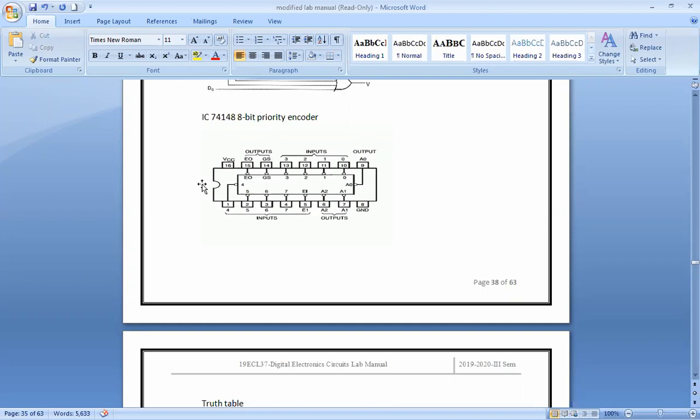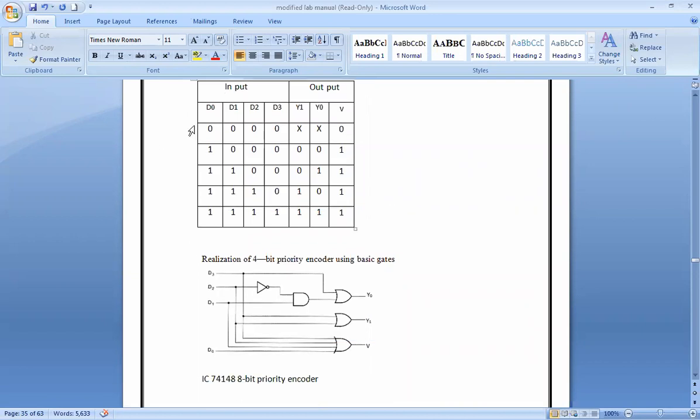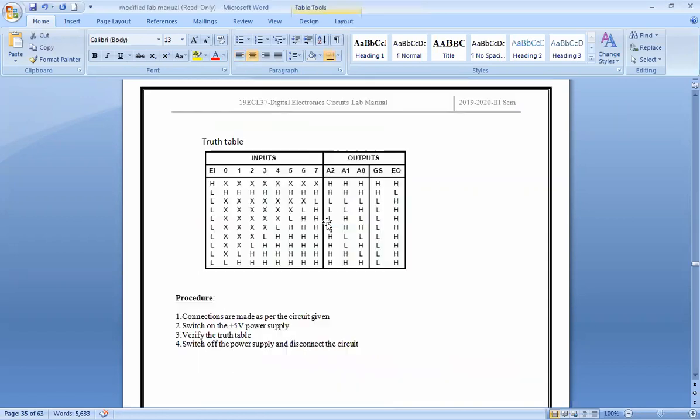Correct. Now for 7, normally how do we write? 111, right? But here, for active low, for 7 it will be 000. That's the only difference. So in order to avoid confusion, you can manually create a table with D0 to D7, put it in your observation book, and use binary numbers instead of L and H. See your input enable.